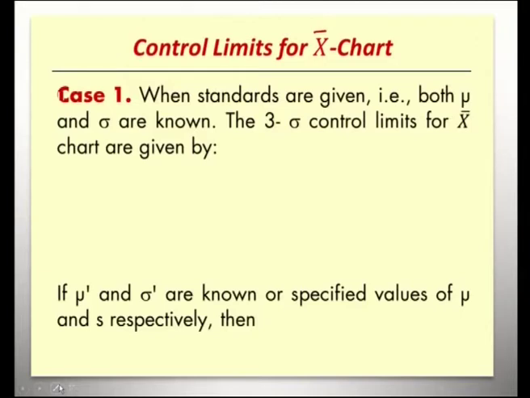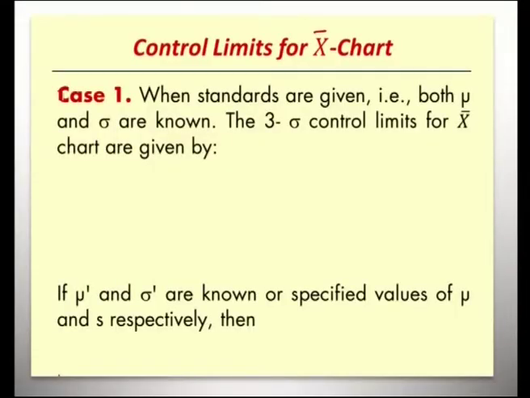Next, control limits for x bar chart. There are two cases when you construct the control chart for x bar chart. Case 1, when the standard values are given, standard values in the sense population mean and population standard deviation are given. Then there is another case where the population mean and population standard deviation are not given.